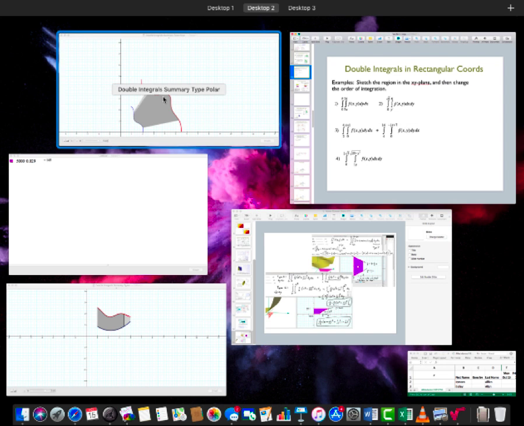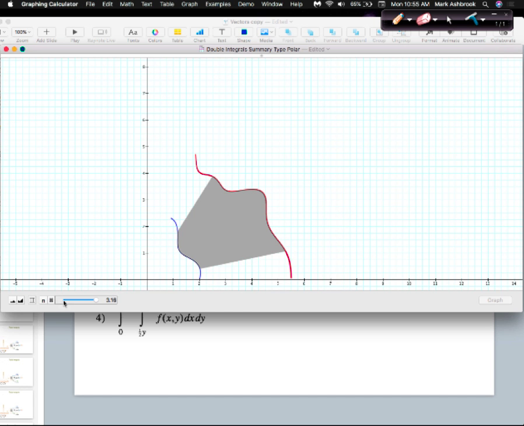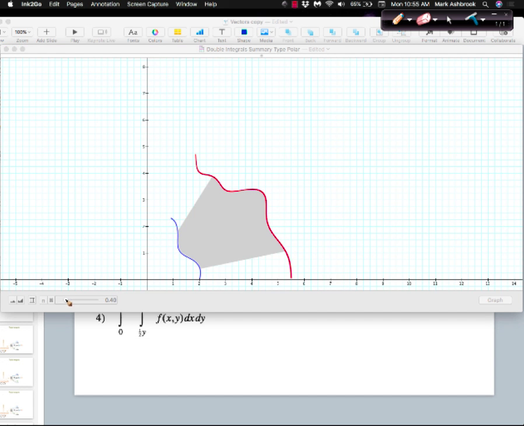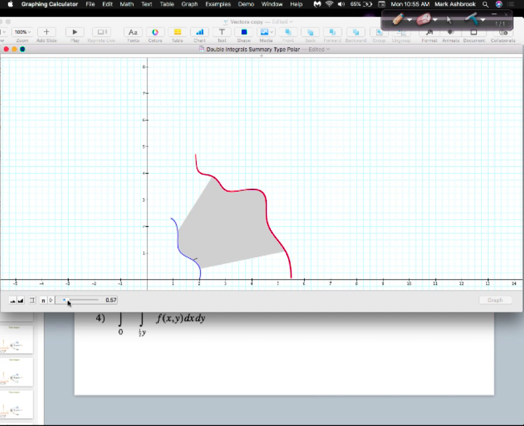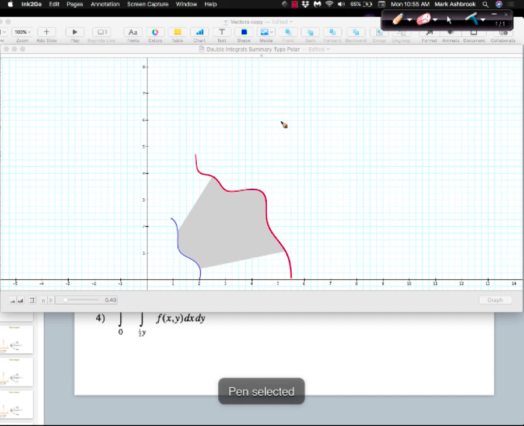In polar coordinates, our curves are not y as a function of x, but r as a function of theta.